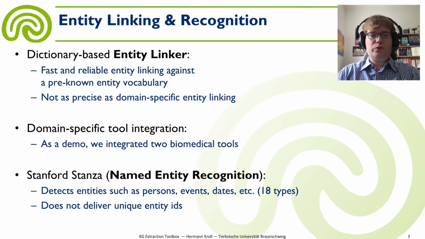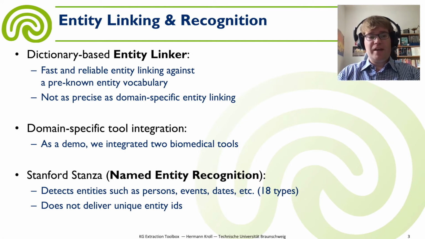So to do entity linking, we designed our own dictionary-based entity linker. It is very fast and reliable, and it produces links between a text and a pre-known entity vocabulary. Of course, the linker does only a dictionary-based lookup, so it might not be as precise as domain-specific entity linking with additional training data can be.